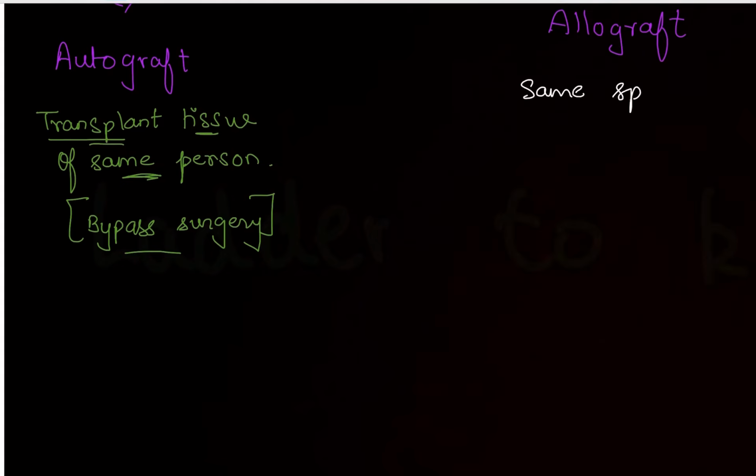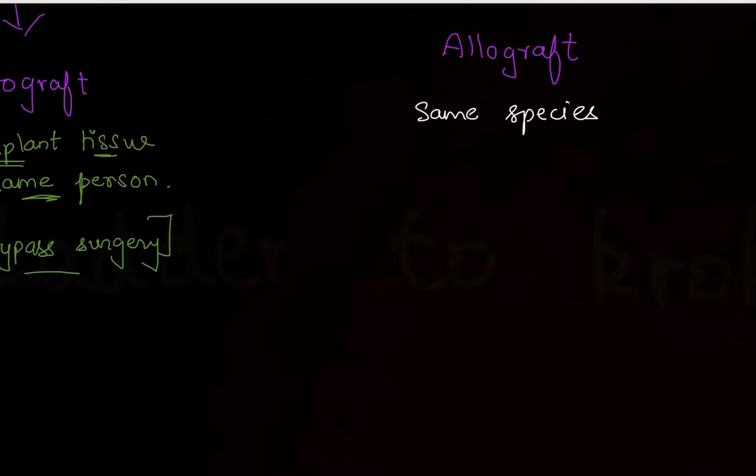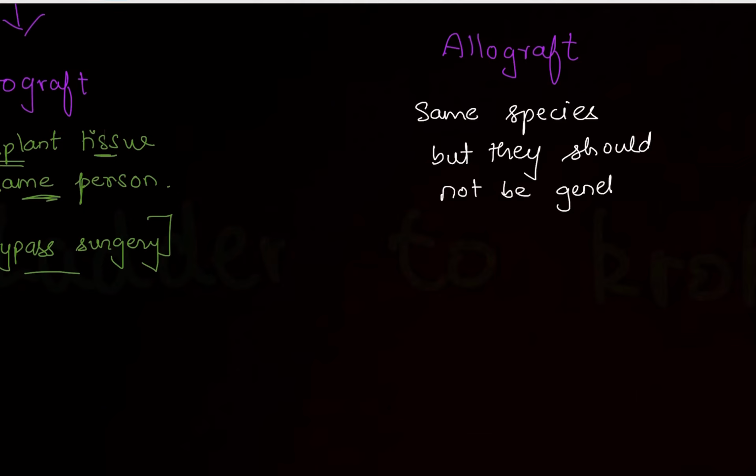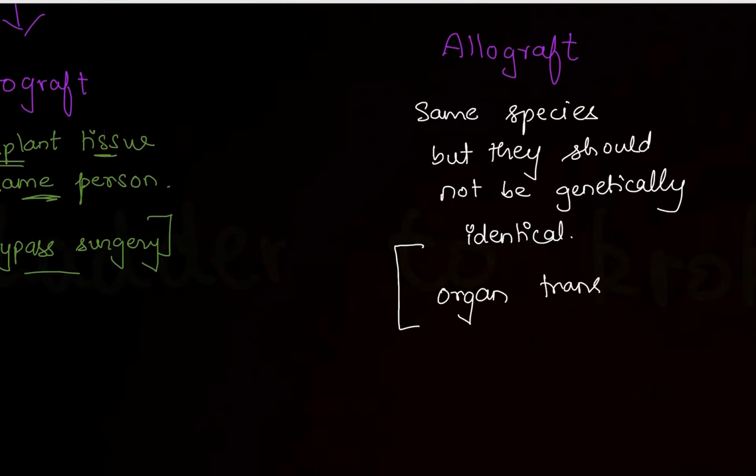For allograft, the transplant is used from the same species, but they should not be genetically identical. Or you can write, they should be genetically non-identical. It's one and the same. For example, organ transplant. In organ transplant, if suppose someone needs a liver, and if in family no one is compatible to donate their liver, then we look out for a donor through organ banks, right?